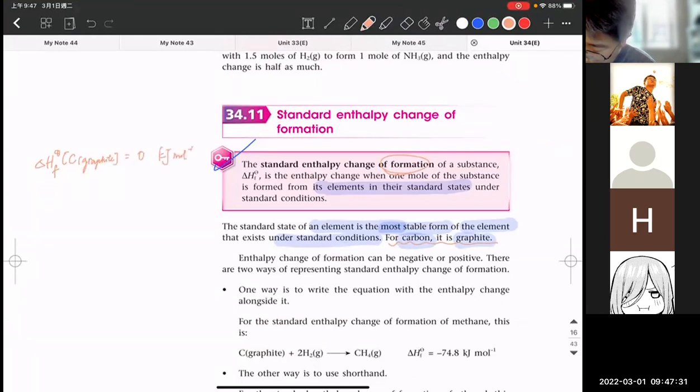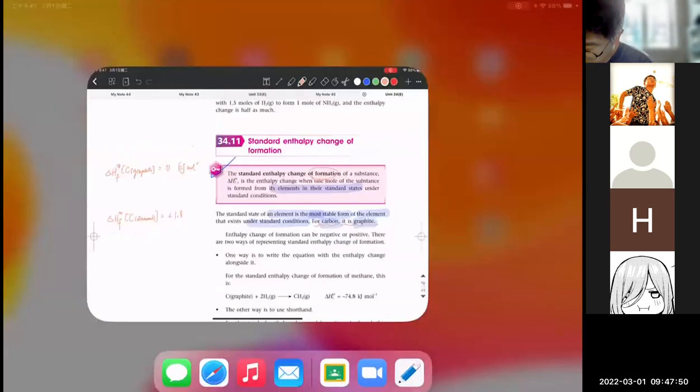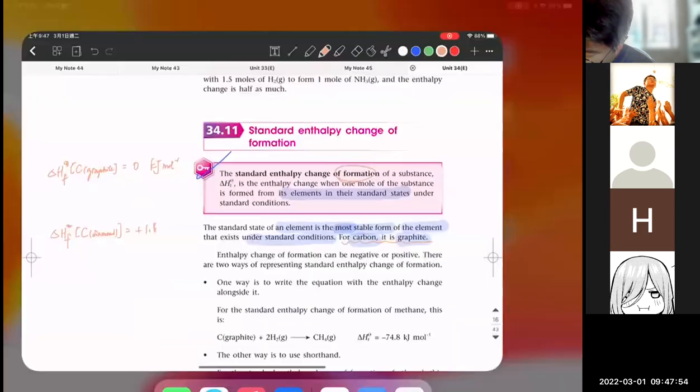Delta H of formation of C diamond is said to be plus 1.8, if I remember correctly. Yes, 1.863 kilojoule per mole. So what is the significance of this?